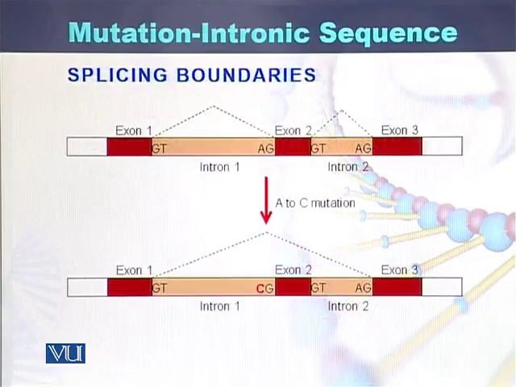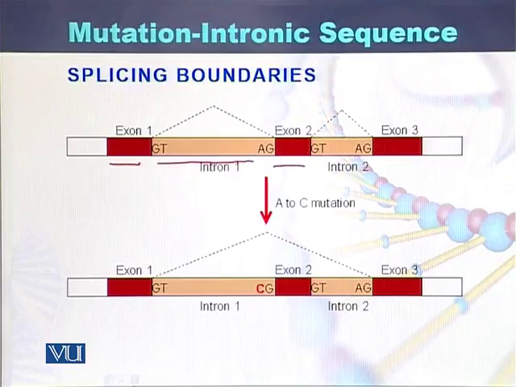What is the meaning of splicing boundaries? This is the diagram of a typical eukaryotic gene. In a eukaryotic gene, we see that there are exons, then introns, next exon, next intron, next exon. In the case of coding sequences, the nucleotides are counted only in exons. If this is exon 1, it starts at nucleotide 1 and ends at 60.